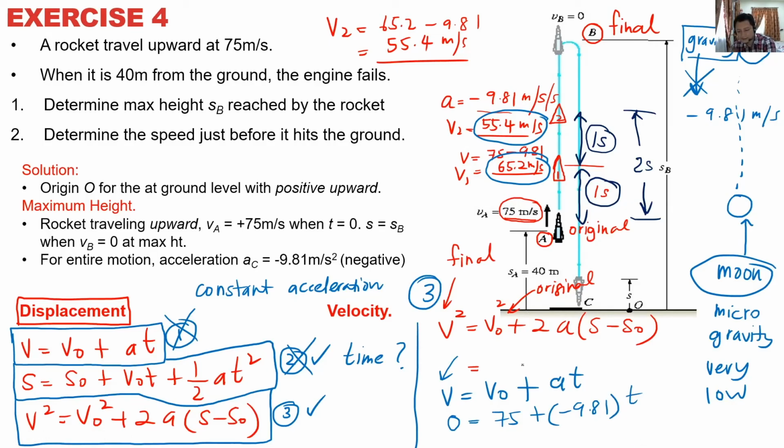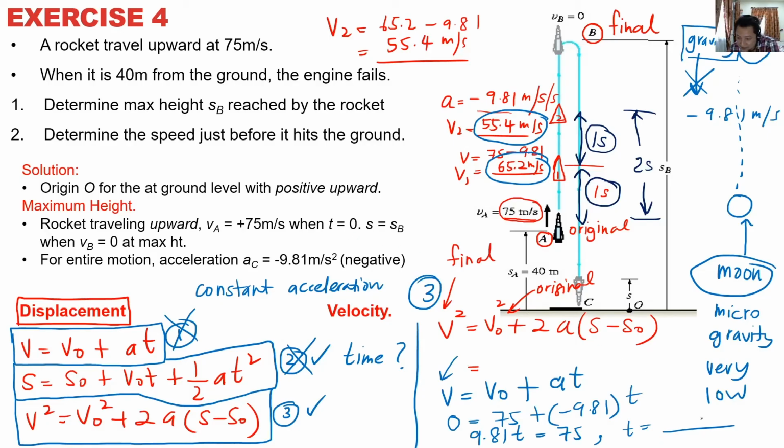Boleh cari. So equation becomes 9.81 T equals 75. So T sama dengan 75 bahagi 9.81. 7.645.